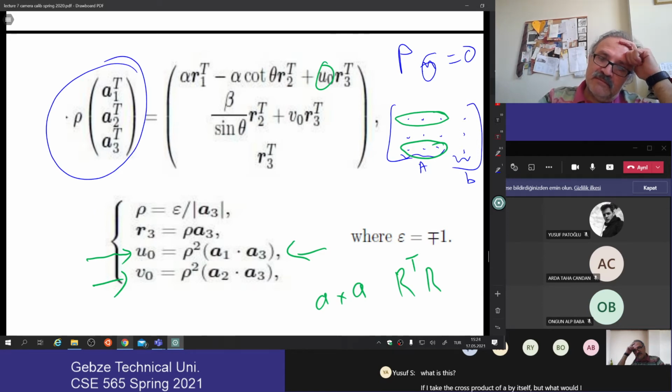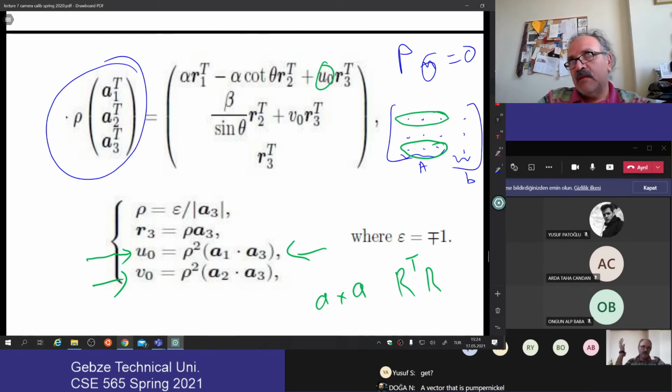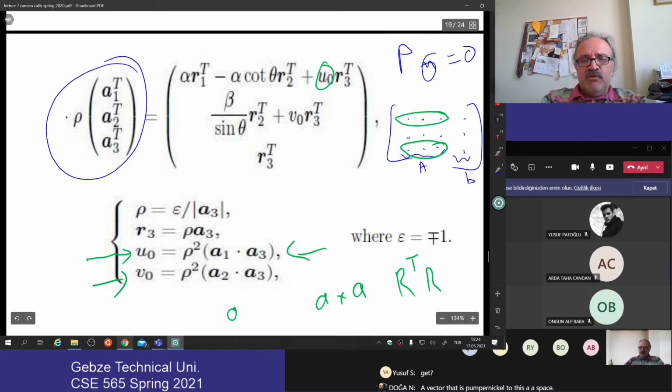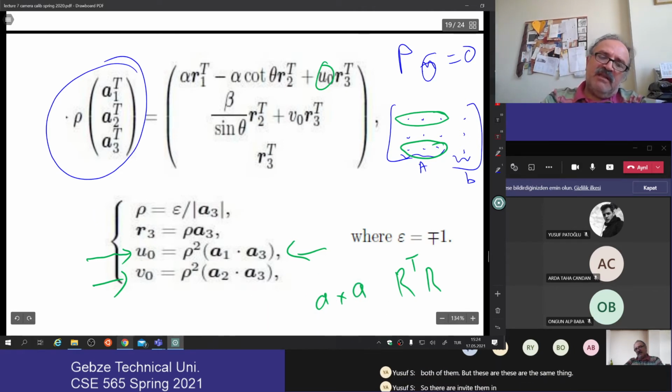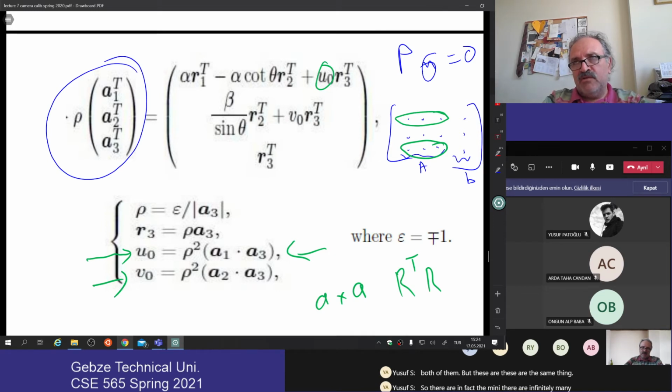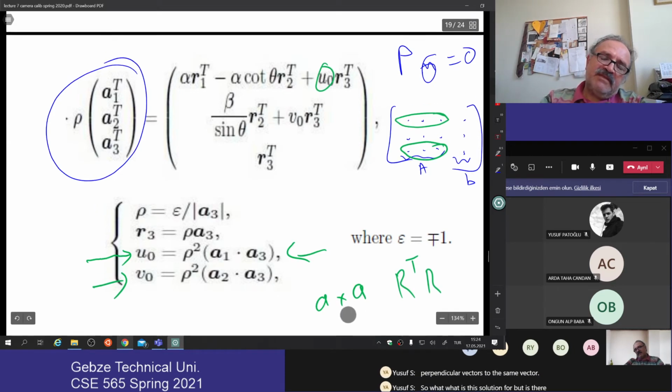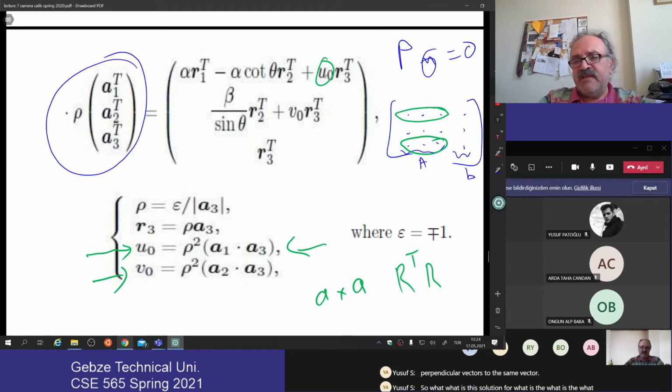If A and B are different, it is a vector that is perpendicular to both of them. But these are the same thing, so there are infinitely many perpendicular vectors to the same vector. So what is the result for this one? It is 0, right?